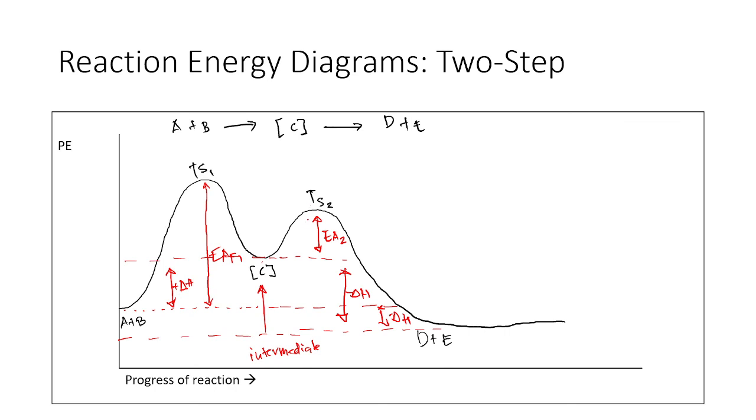Meaning to say, from the intermediate towards our product, we actually have what we call an endothermic reaction.